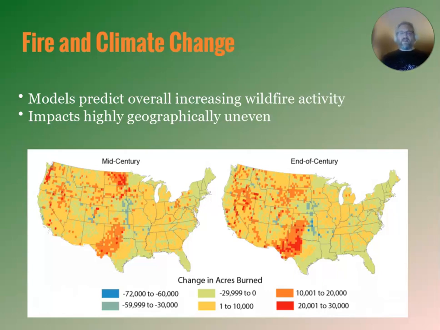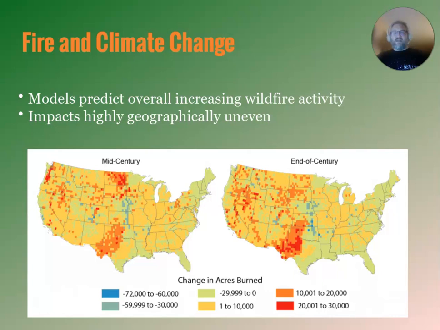There are some areas like the Dakotas, Texas, the far west that are expected to see really big increases in the amount of fire. So big increases in the area burned in those areas. But then we have other places that are expected to actually see decreases in the area burned.